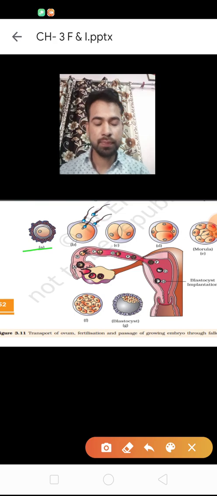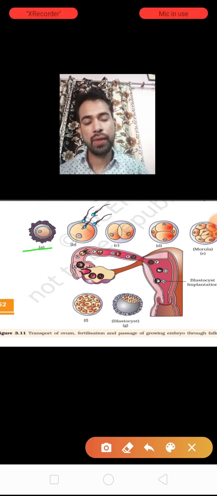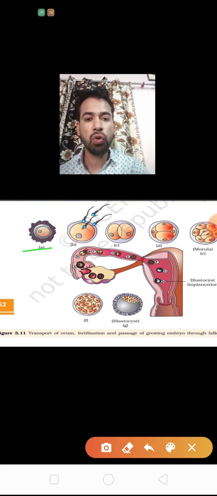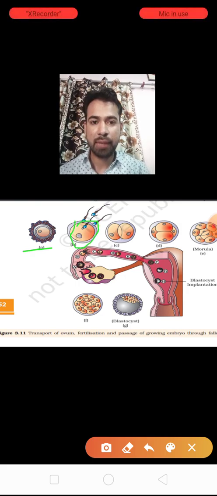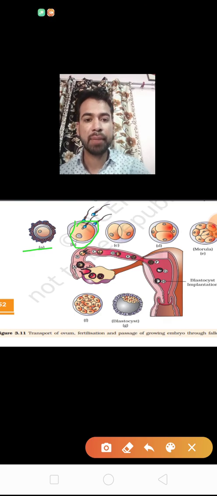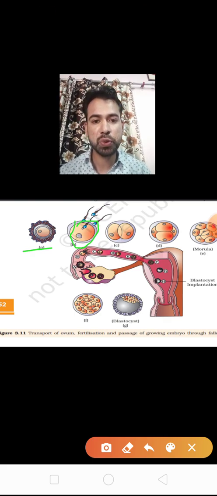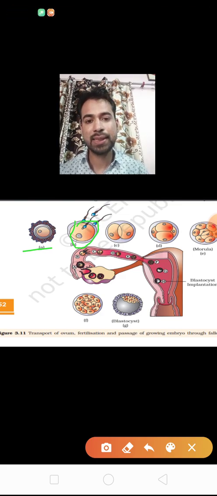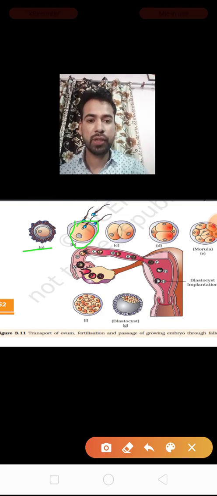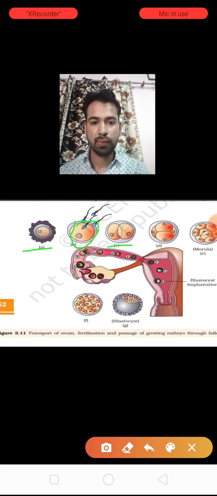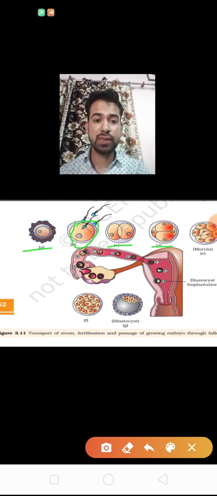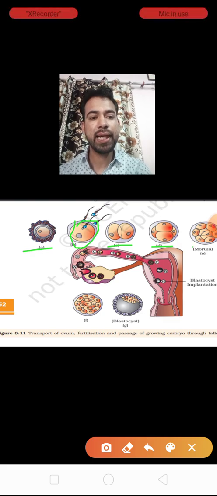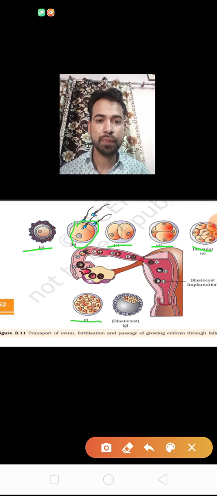In the picture, you can see the ovum. When sperms come in contact with the ovum, the male haploid gametes and the female haploid gametes fuse together and form the zygote. Then in the zygote the cleavage starts, forming 2 cells, 4 cells, then 8 cells, after that 16 cells.